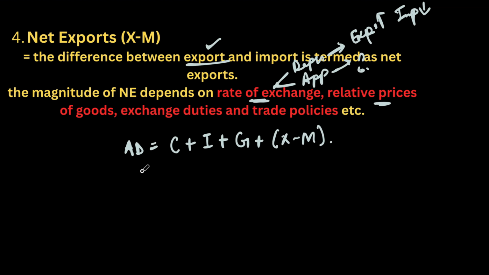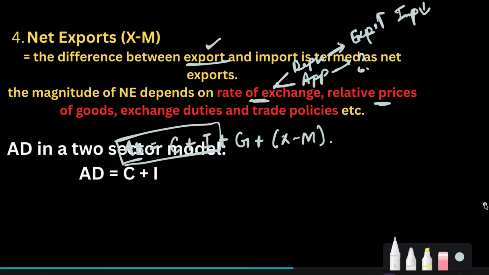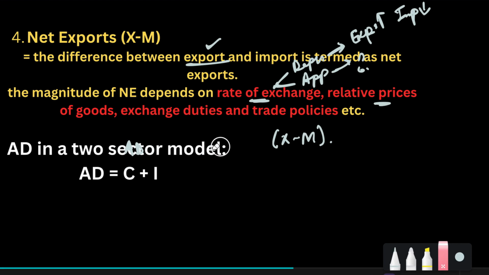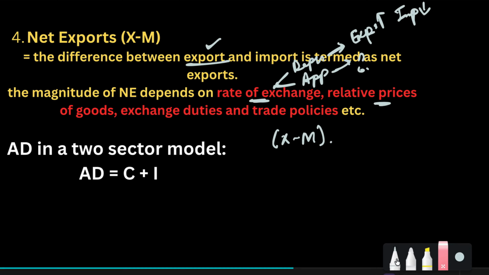Please don't forget, if you are asked to tell the aggregate demand in a two sector economy, we only take these two. So AD in the two sector economy model will be somewhat like this.